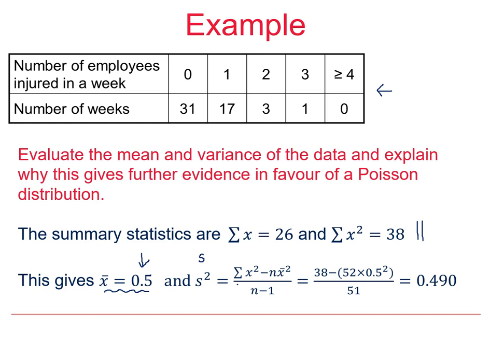The sample variance here, with this n-1 divisor because this is a sample, not a population, comes to 0.49, and that is pretty well the same as the mean. So that gives further evidence that the Poisson distribution would be a good model for this particular data.